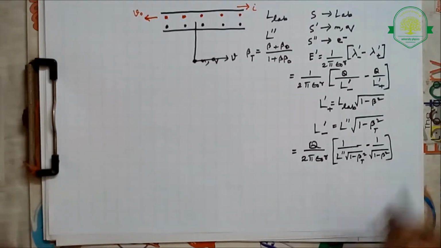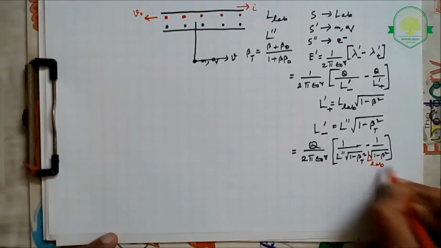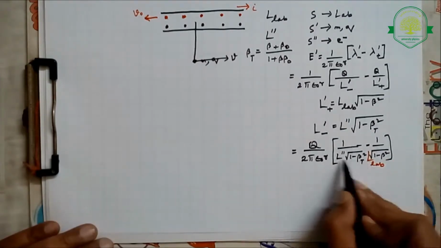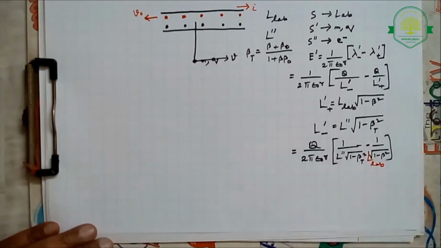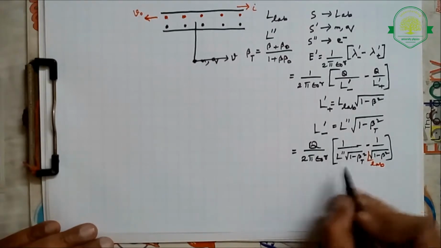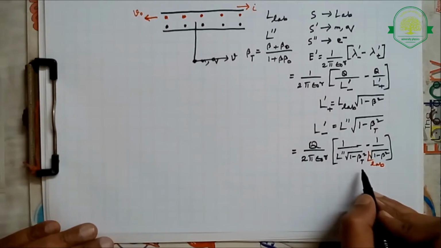I think I have missed an L lab here. There's an L lab multiplied with square root of 1 minus beta squared. Now, we can't take anything common out of these. There's a problematic L double primed here. So what we can do is write L double primed in terms of L lab.